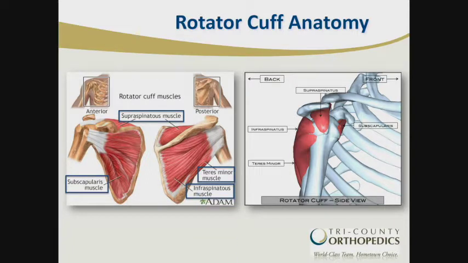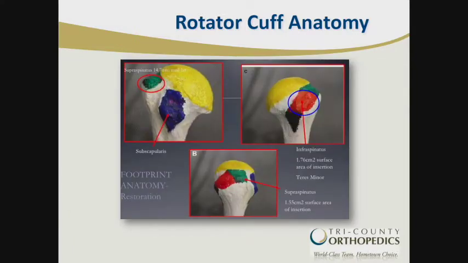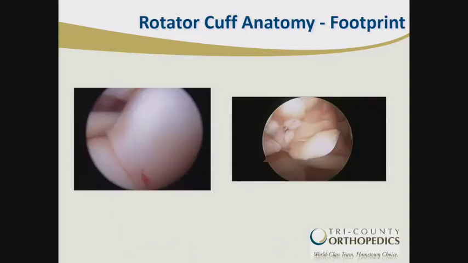And these have big, broad insertions on the scapula, and they insert down into their insertion on the humeral head. These insertions are pretty broad. These are strong muscles and tendons, and when these insertions tear, that's a rotator cuff tear.